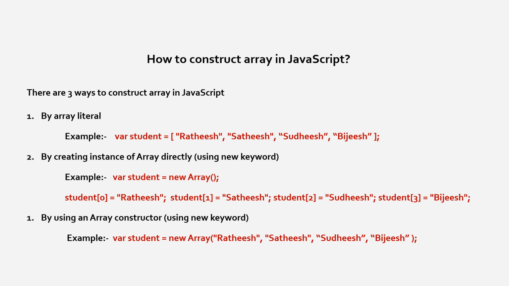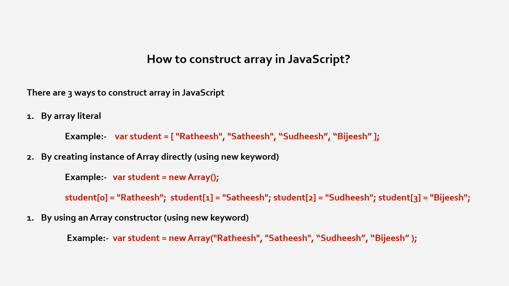Then the third method is using the array constructor. There again we use the new keyword. Here we need to use new Array, and there itself we can initialize. See the difference here.